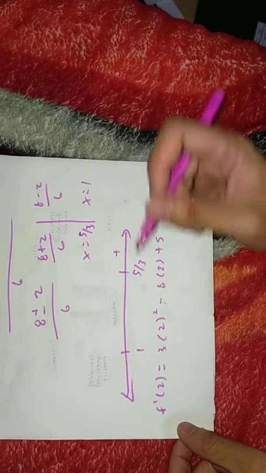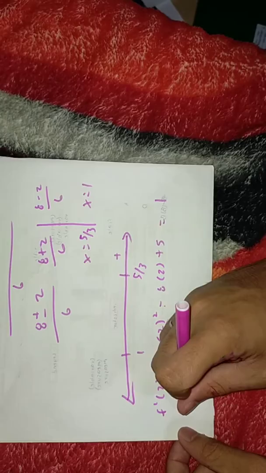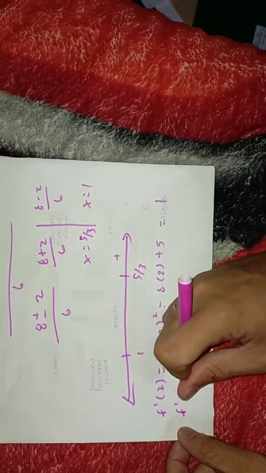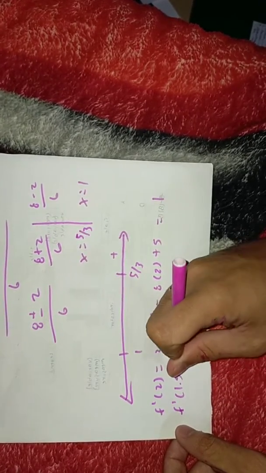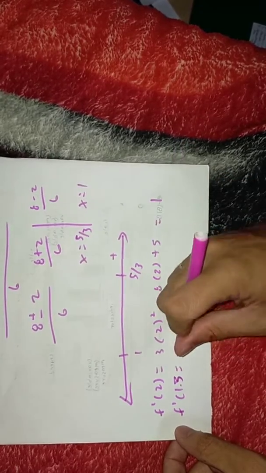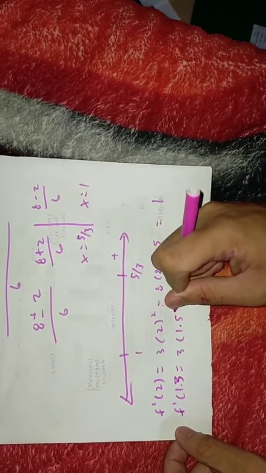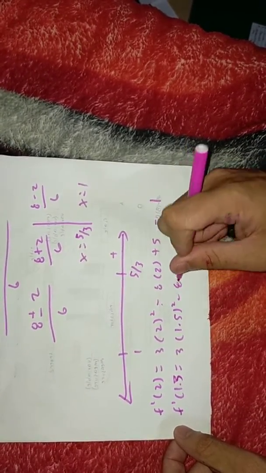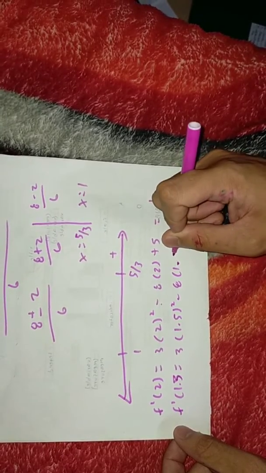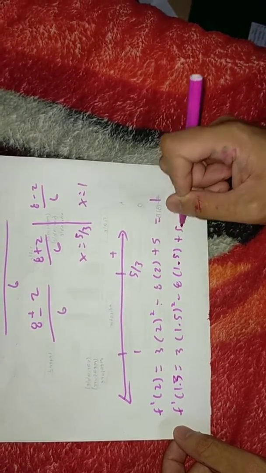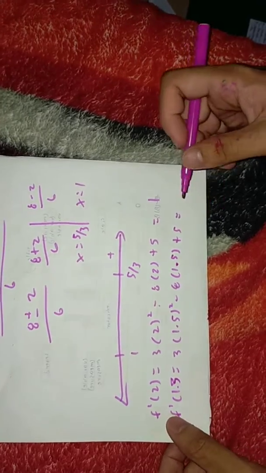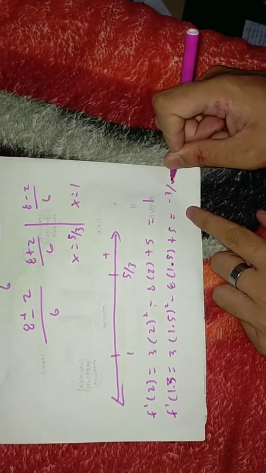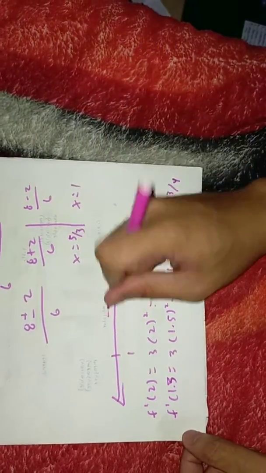Let's say 1.5. 3 times 1.5 squared minus 8 times 1.5 plus 5 is equal to negative 3/4, and it is negative.